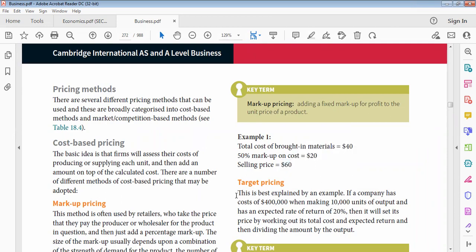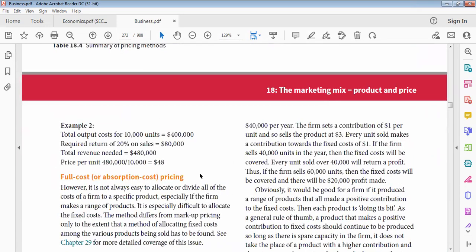But here we are dealing with the actual figure, taking the number of units into consideration. So this figure might change. If instead of 10,000 units we wanted to produce 5,000 bags, then obviously this figure will change, and so will the price. So this is target marketing.